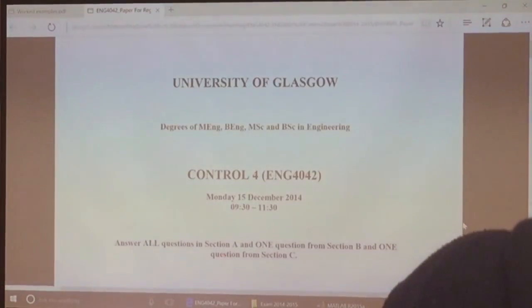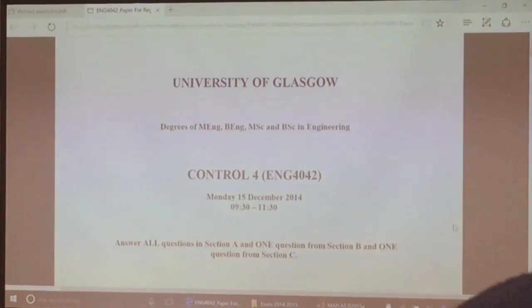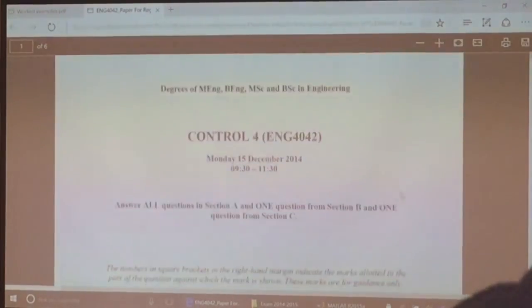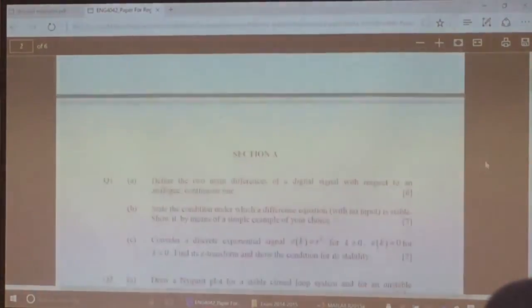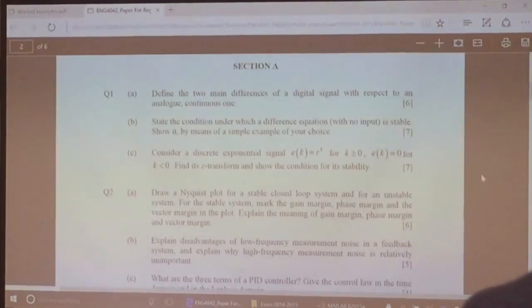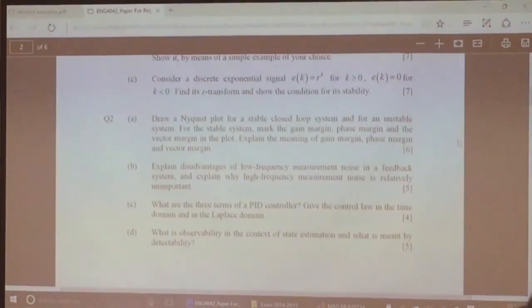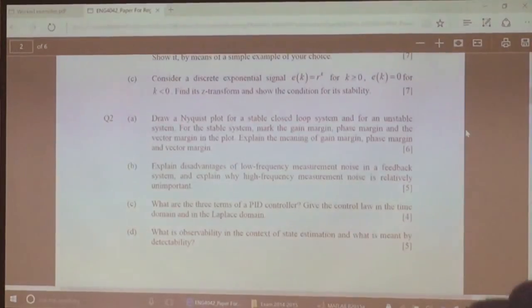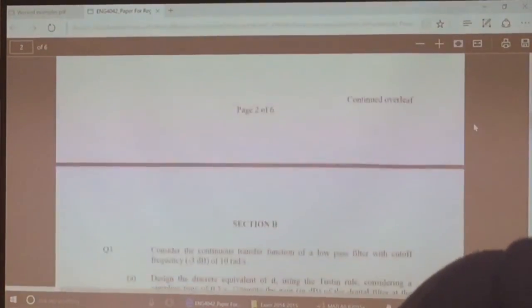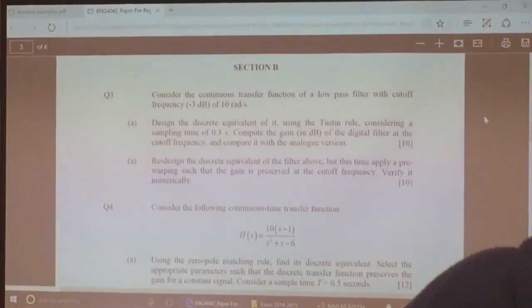If you don't mind, I start from the numerical exercises. That is section B, which is probably the one that requires more explanation. I think the theory you can find in the notes, but we can go through the theory as well if we have time later.